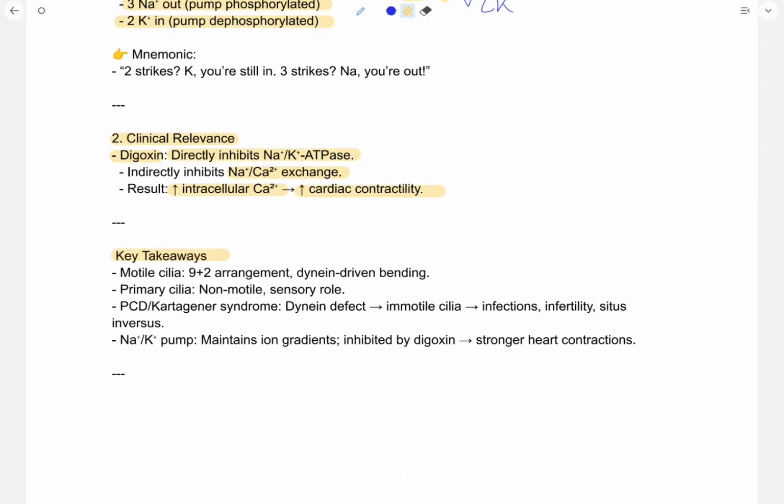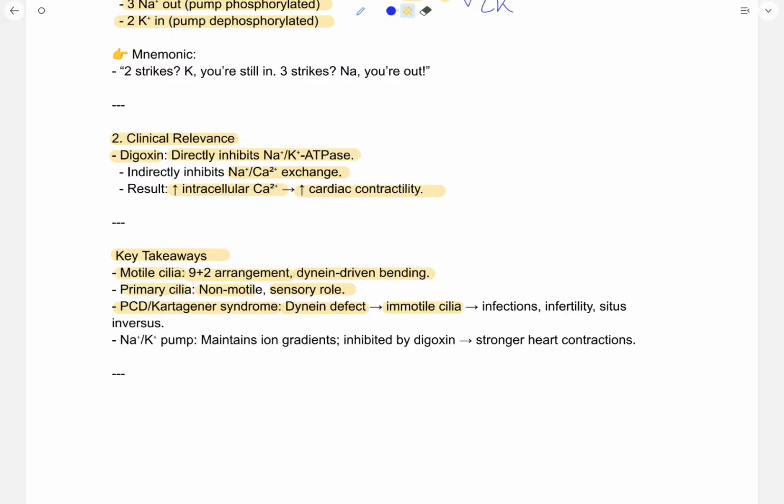Key takeaways from our lecture: motile cilia have a 9 plus 2 arrangement and dynein-driven bending. Primary cilia are non-motile with a sensory role. PCD, or Kartagener syndrome, is due to a dynein arm defect that leads to immotile cilia.